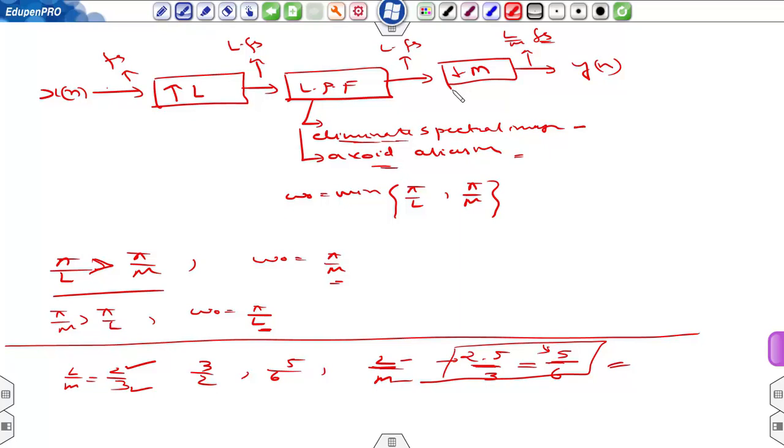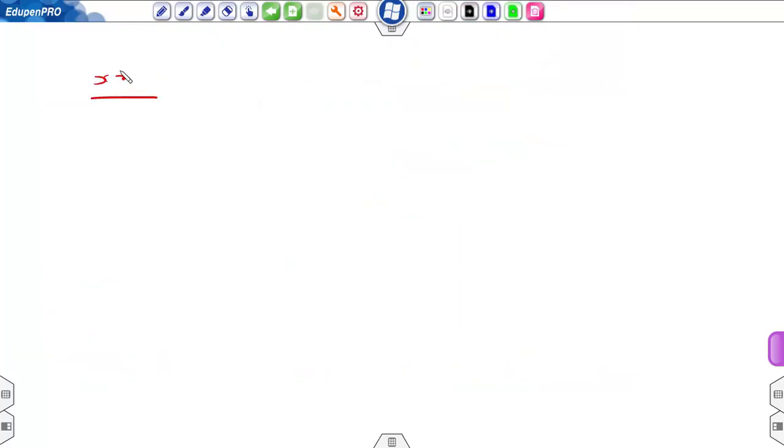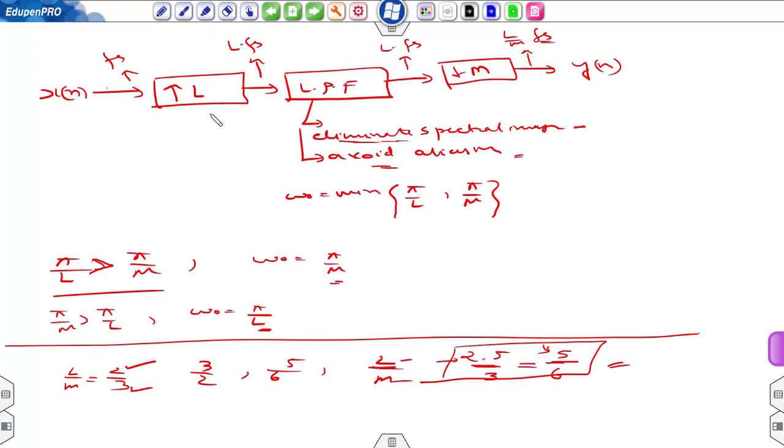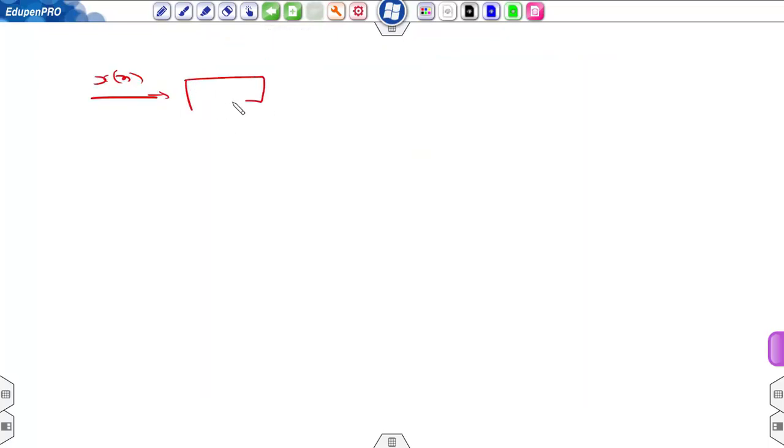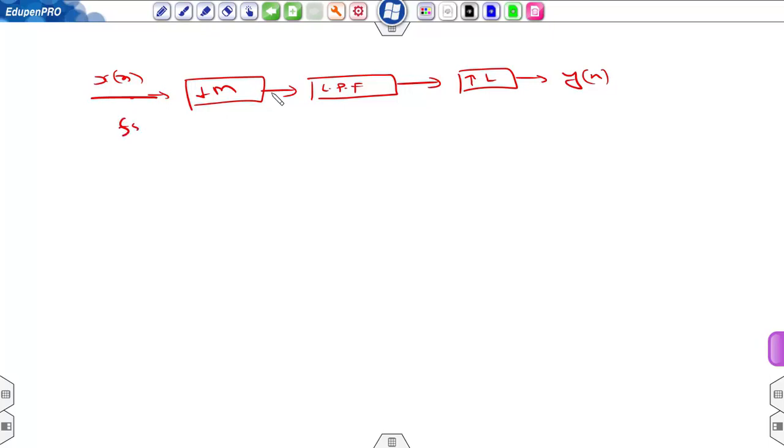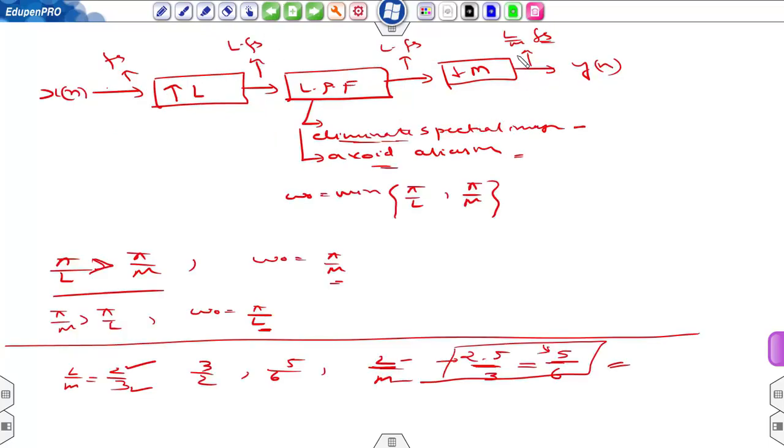Now what if I interchange the position of the interpolator and decimator? Instead of upsampling first, I will perform downsampling, then use a low pass filter, and after that upsample. If the sampling rate is fs, it will be fs by M after downsampling, and L by M times fs at the end.